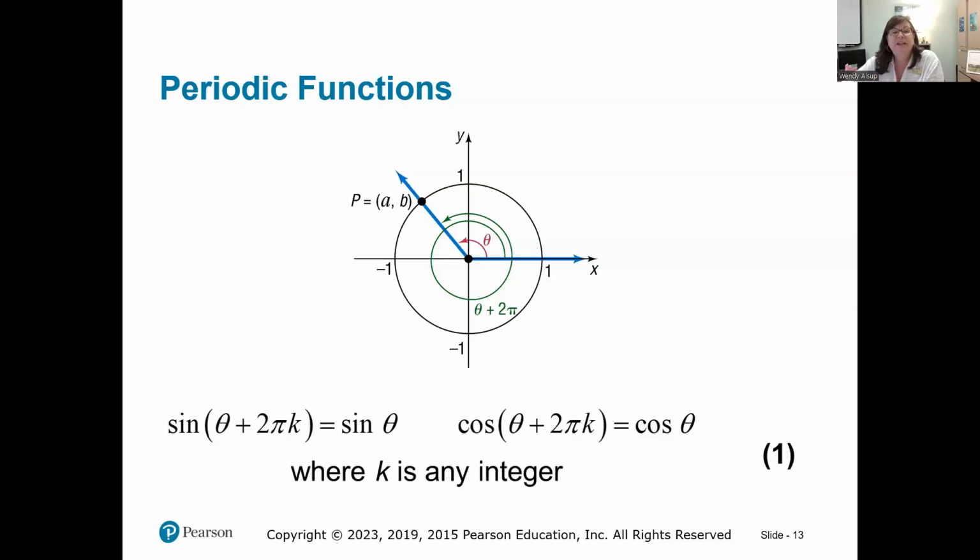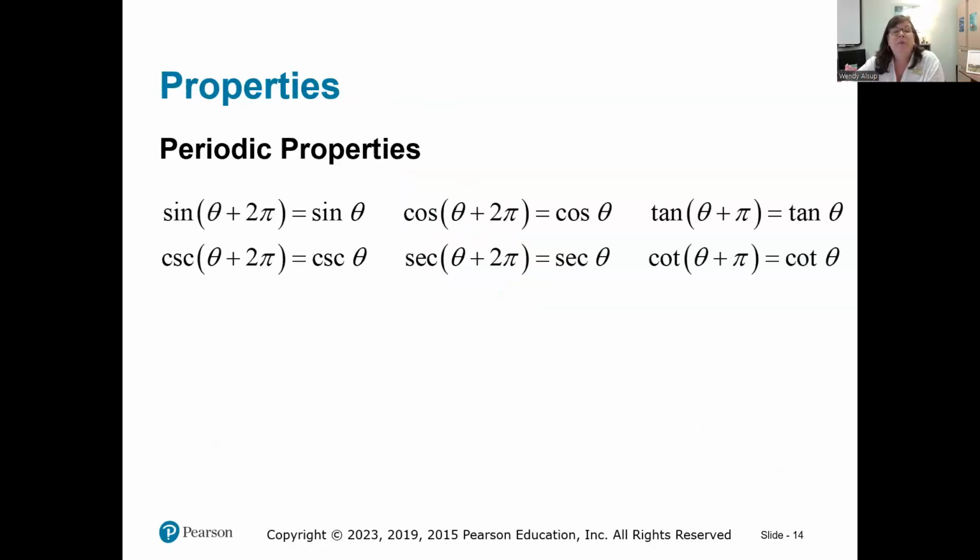This is called periodic. Sine, cosine, cosecant, and secant are going to repeat every 2 pi. Tangent and cotangent actually repeat every pi.